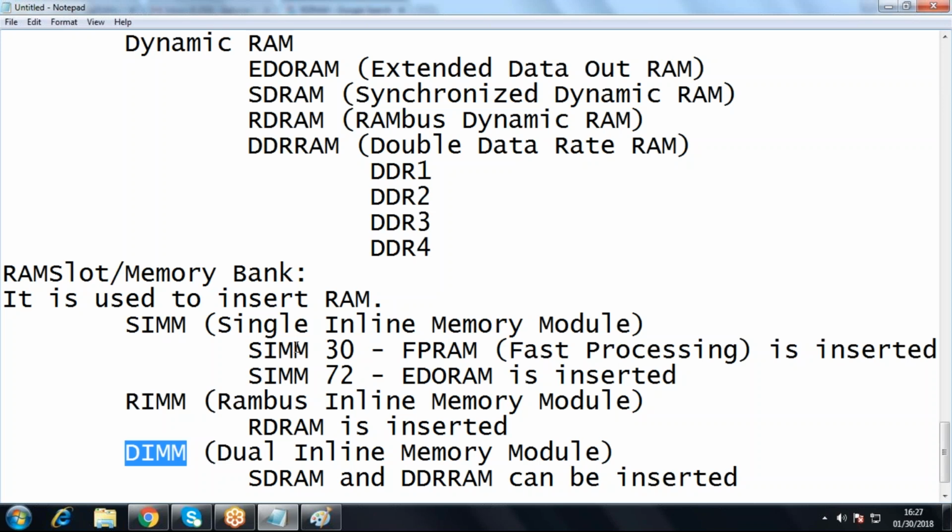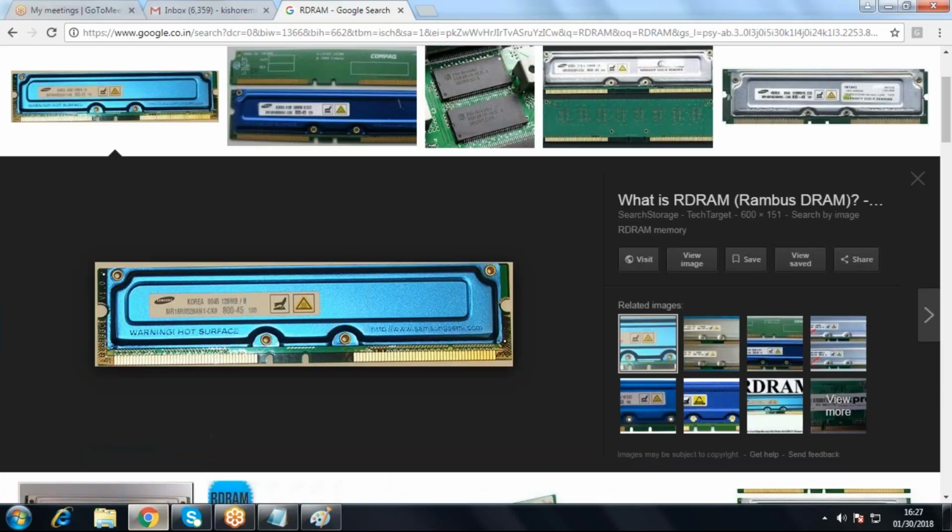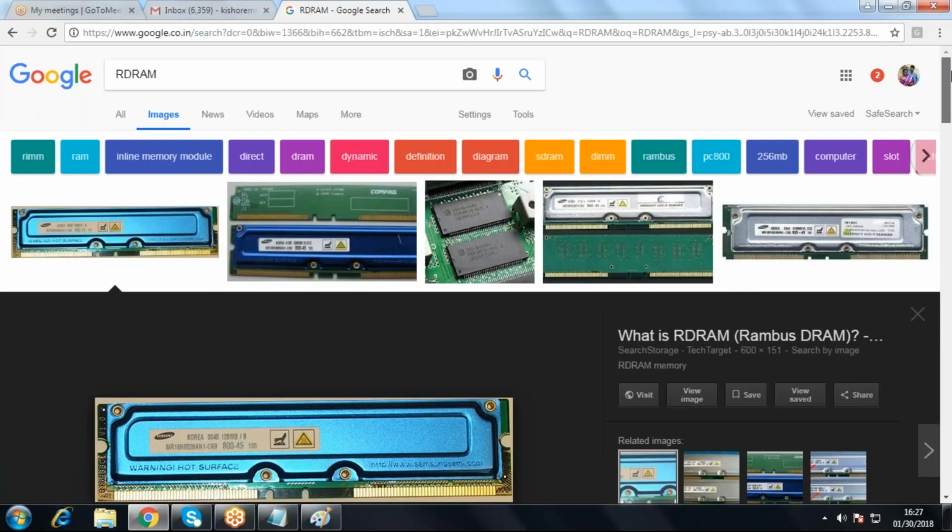In the previous slots, SIM 30 means FP RAM, SIM 72 means EDO RAM. Only one particular type of RAM is inserted in each slot. But here, it is not the case. I'm having multiple RAMs. Now, how can I get this? Let's see.